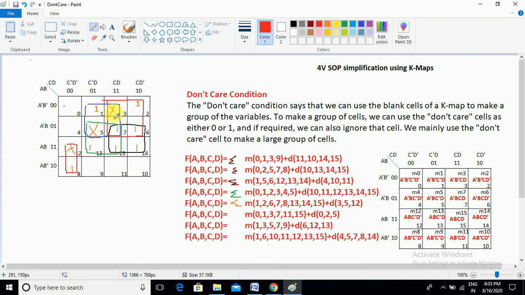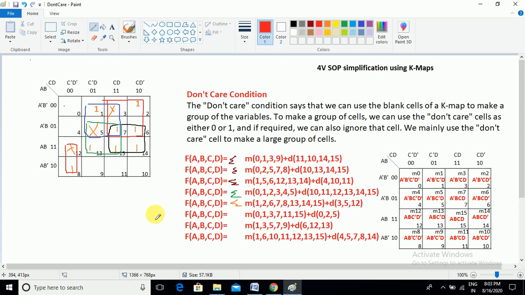There is overlap at 3, 7 and 5, but one minterm, m1, is not in any overlap, so it is also a prime implicant. Here also 2 is not in overlap. We should consider a group as a prime implicant if any one of the cells is left without overlap. And in all three 4 cell groups, 3 cells are overlapped and 1 cell is not, so all are prime implicants. All should be considered in the answer.